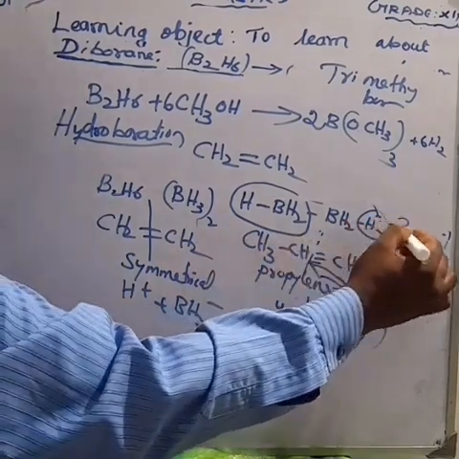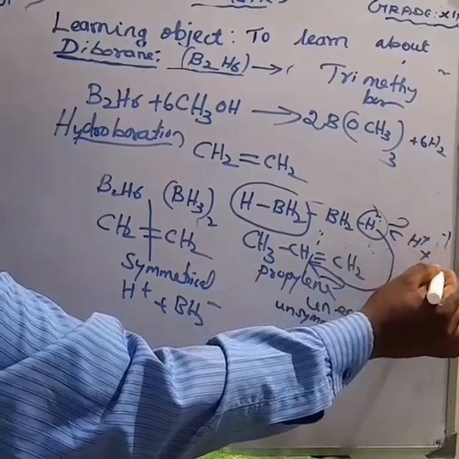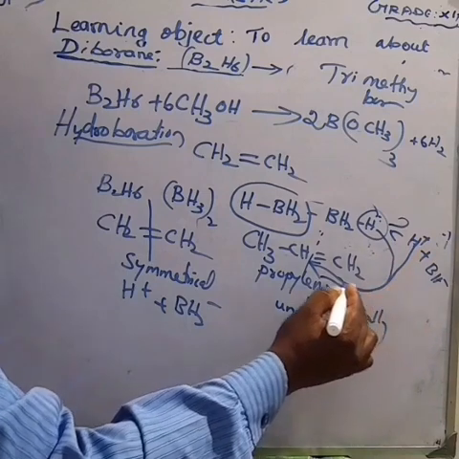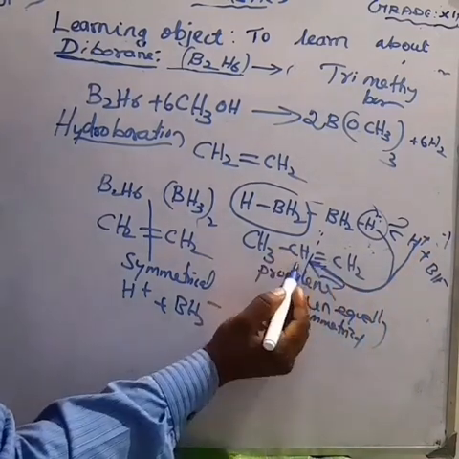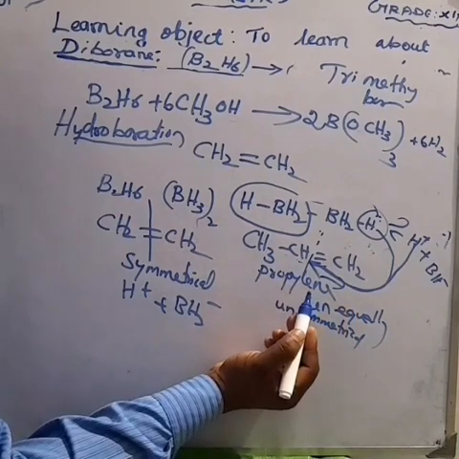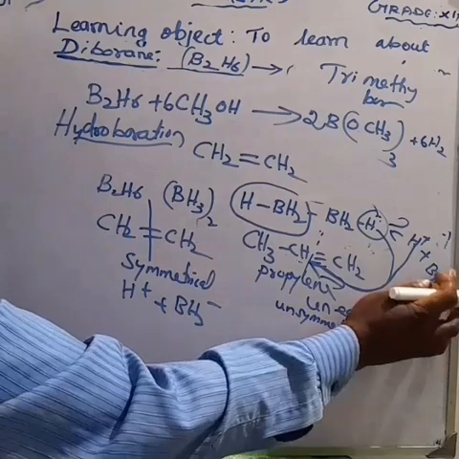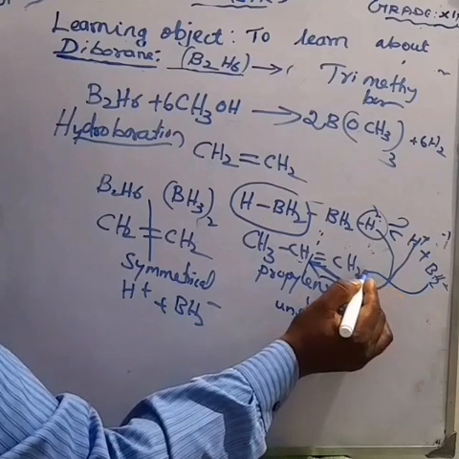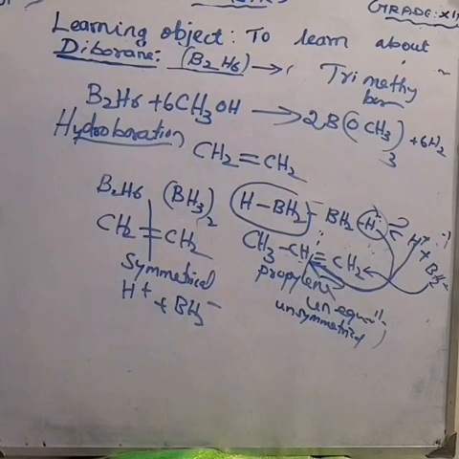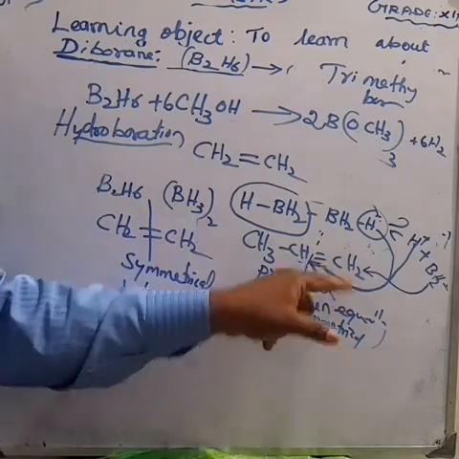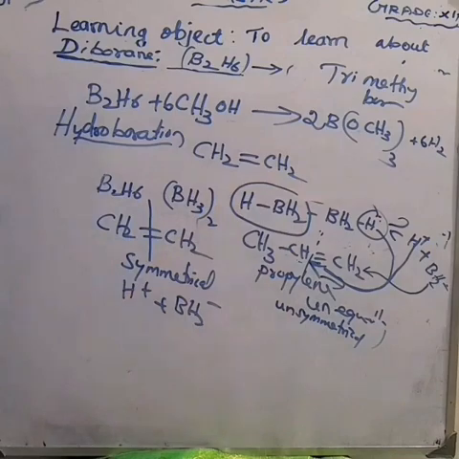That is the Markovnikov addition, which you learned in the 11th grade. And the BH2 minus will be attached to the carbon having a higher number of hydrogens. This type of addition we call anti-Markovnik addition.